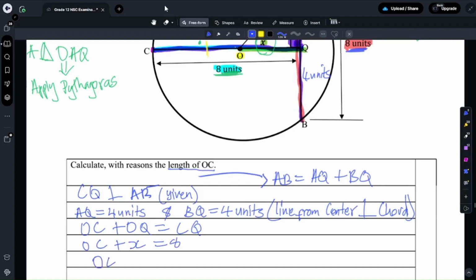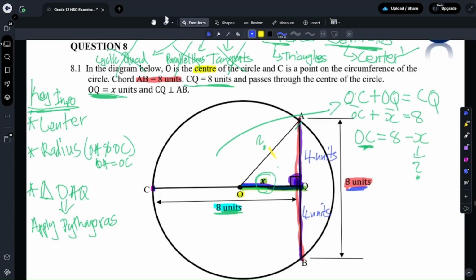So OC is equal to 8 minus X. So remember that OC is equal to OA. So we can go ahead and put that in our diagram. So we've got 8 minus X here as well.